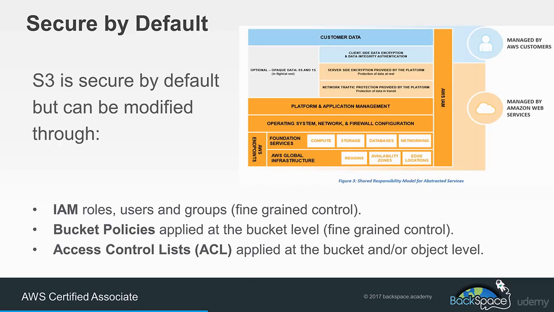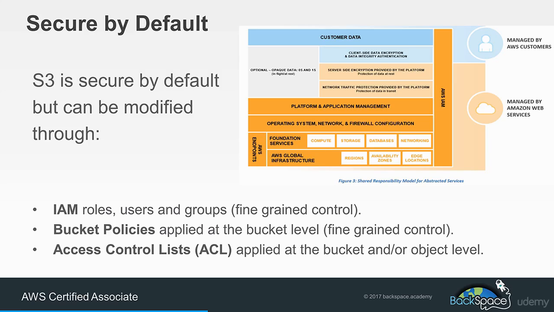So AWS S3 again is one of those abstracted services, and as such, it takes control of a lot of the AWS IAM for us, and it is actually secure by default. But of course, although it does take control of a lot of that for us and manage a lot of that for us, we can modify that if we like.